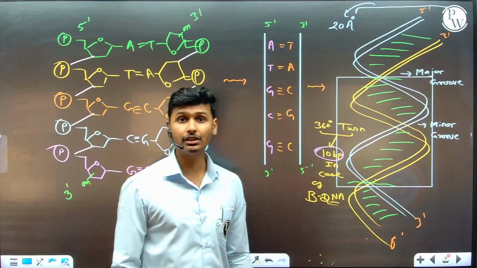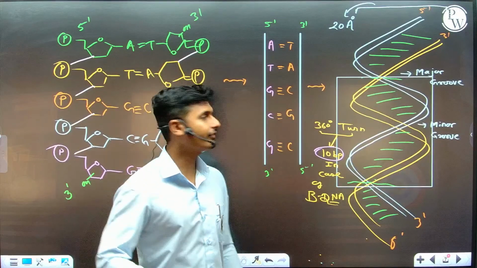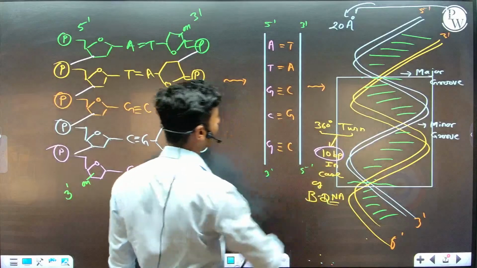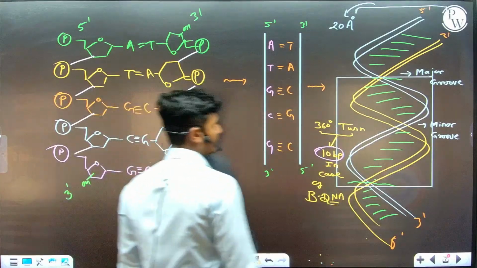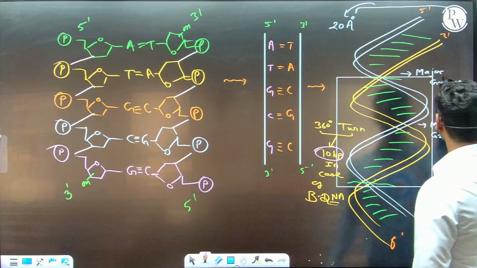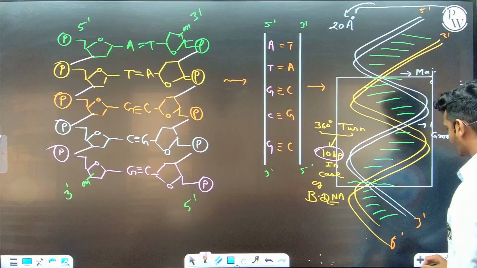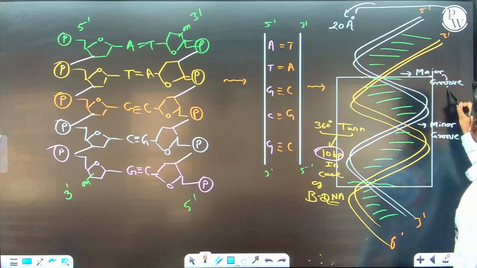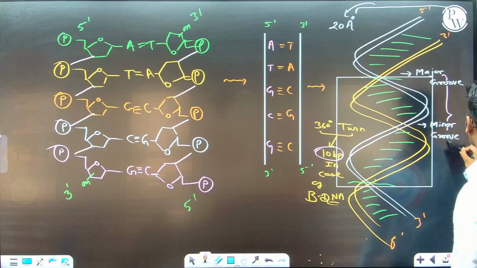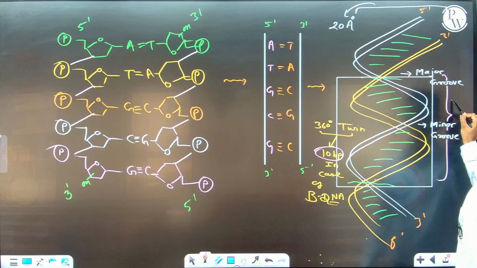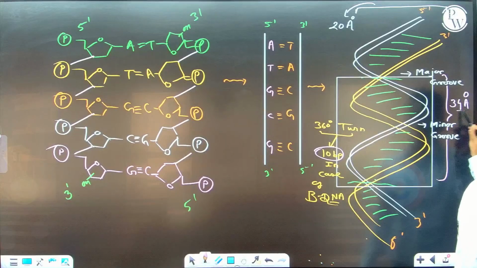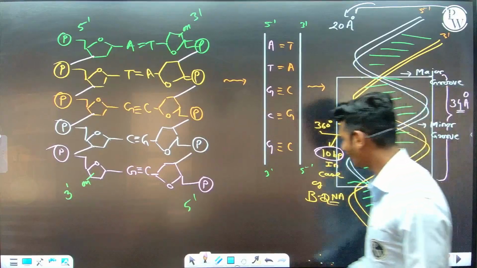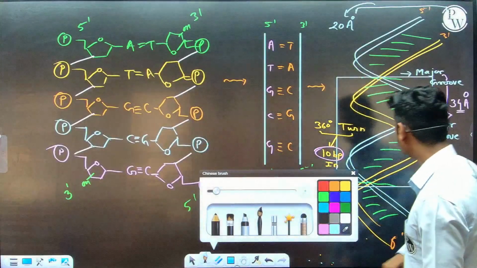How many base pairs? 10 base pairs. Now these 10 base pairs have a distance of 34 angstrom. How much? 34 angstrom. So the calculation is very simple.